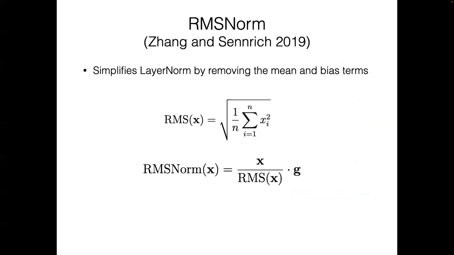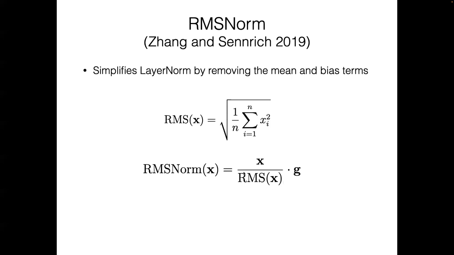Another simplification that happened is people realized that for a layer norm, you can simplify things, and instead of having the mean and standard deviation and gain and bias, you can have the simpler thing here. It's called RMS norm. You can see that now it has the learned gain, which can scale things.